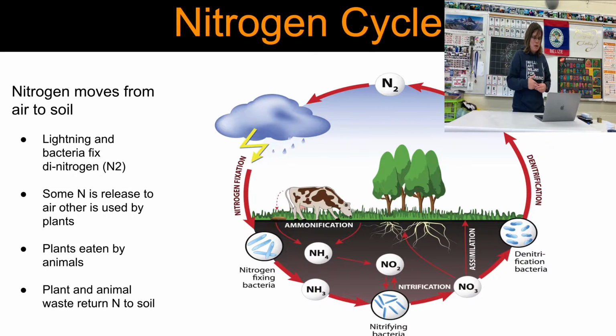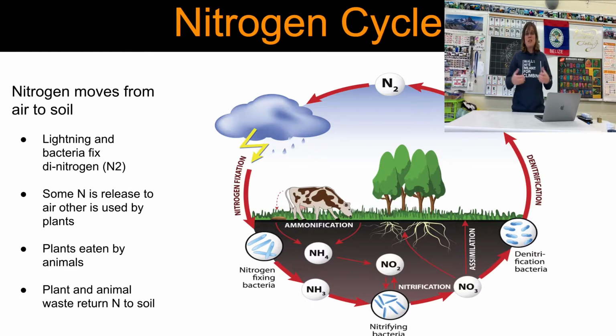NH3 and nitrifying bacteria create these different types of ammonia that allow plants to grow really well. Nitrification happens, but then after all the nitrogen is used in the soil, there's a denitrification process, which basically means that the nitrogen goes back into the atmosphere and needs to be fixed again to be used again by the plants.